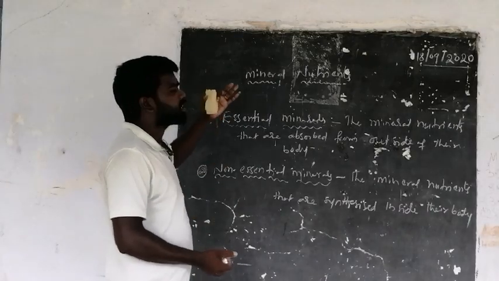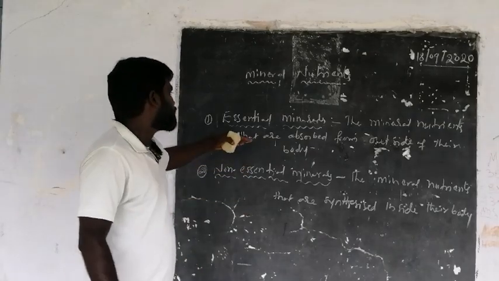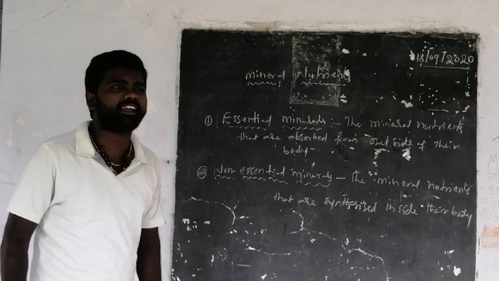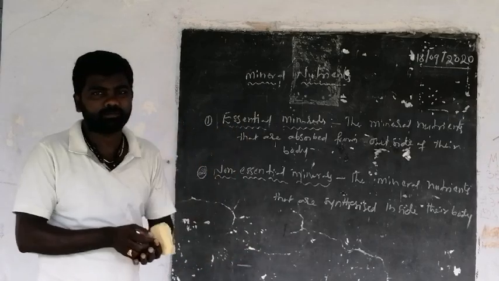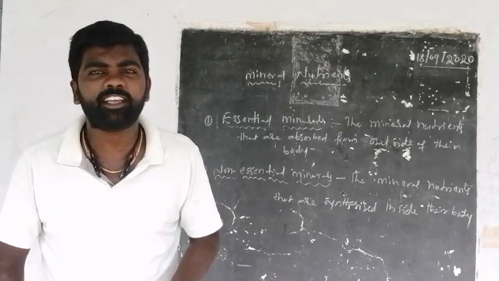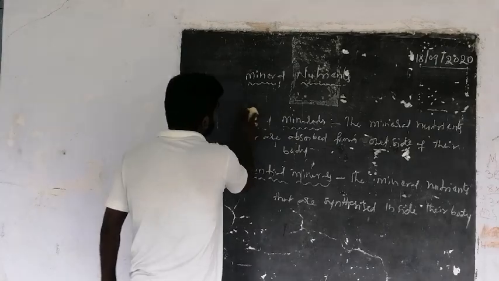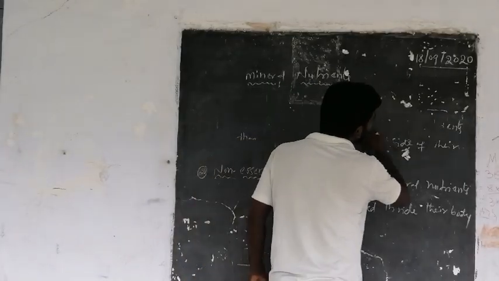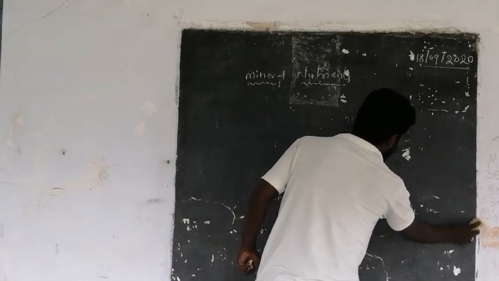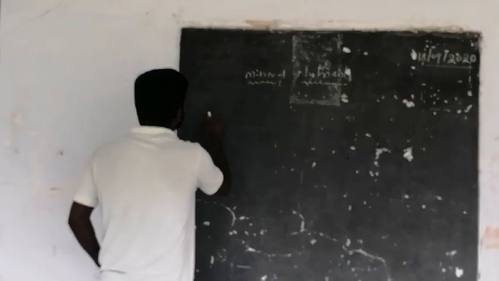Coming to the essential mineral nutrients, they are categorized into two kinds. What are they? Macronutrients and micronutrients.